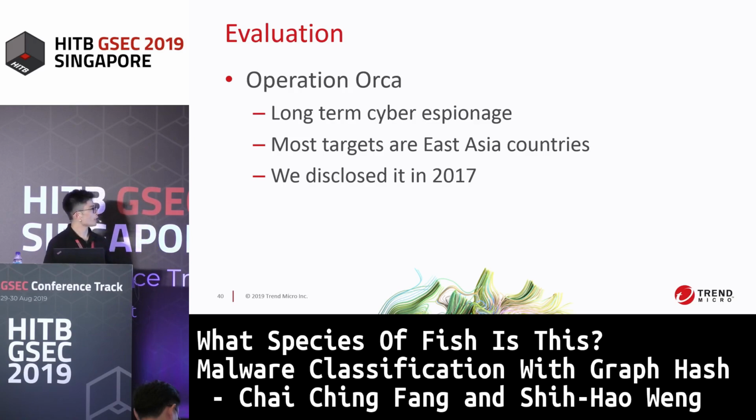Okay. So, evaluation. We take a campaign that we name Operation OCA as example. And Operation OCA is a long-term cyber spy operation. And most targets are East Asia countries. We disclosed it in 2017.